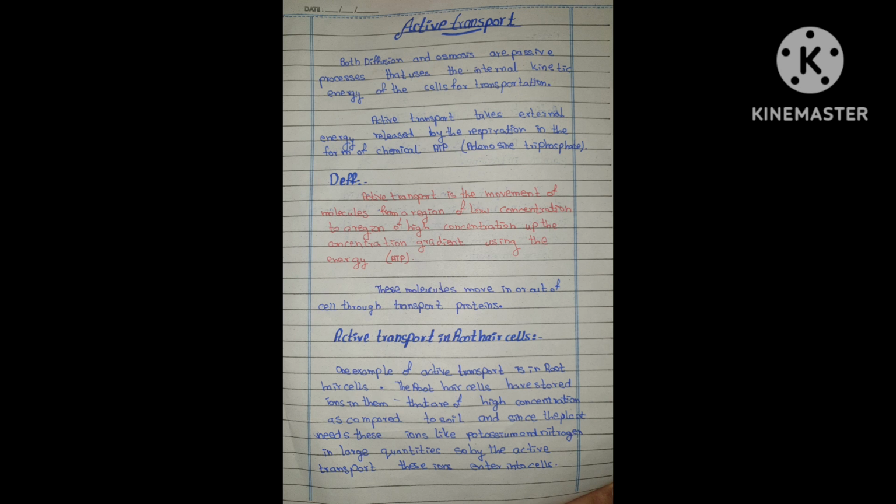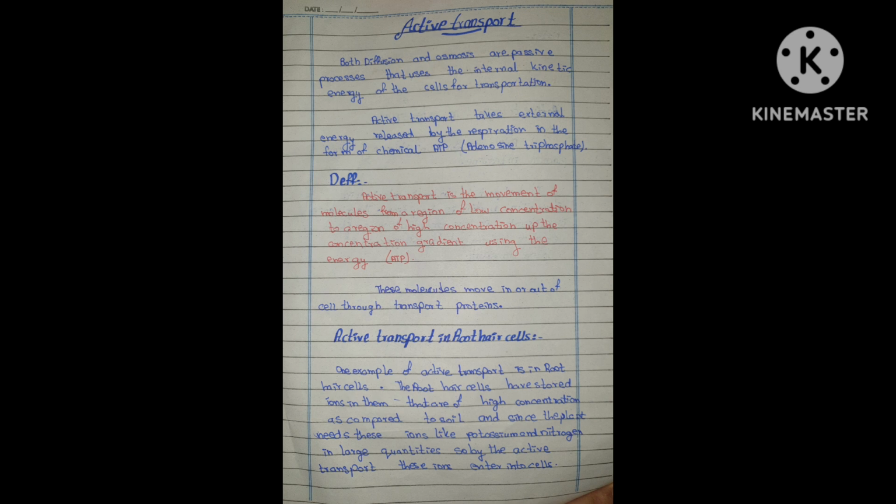Since the plant needs these ions to carry out its functions, like the minerals potassium, nitrogen, phosphorus and so on, in large quantities, these ions enter the cell by active transport. So the root hair cells, whose basic function is the absorption of water and these ions, already have a high concentration of these ions, and by active transport the ions enter the root hair cells from the soil.